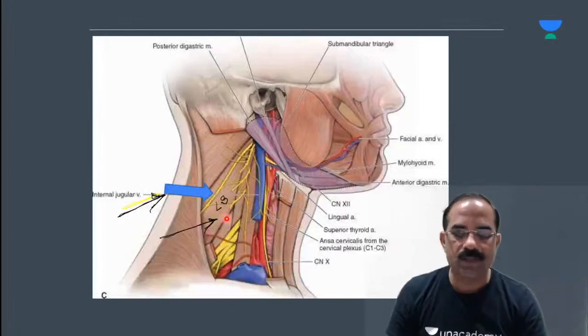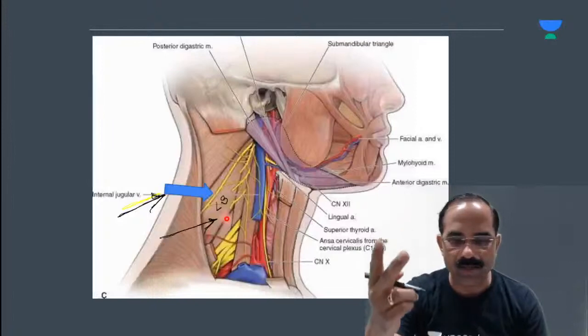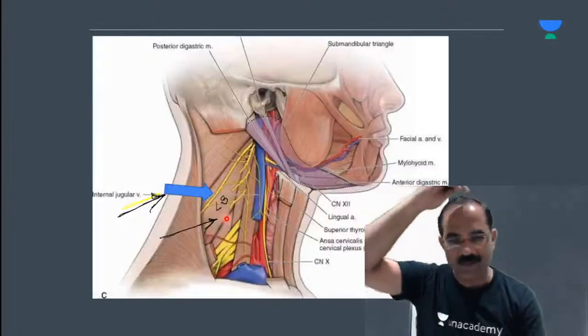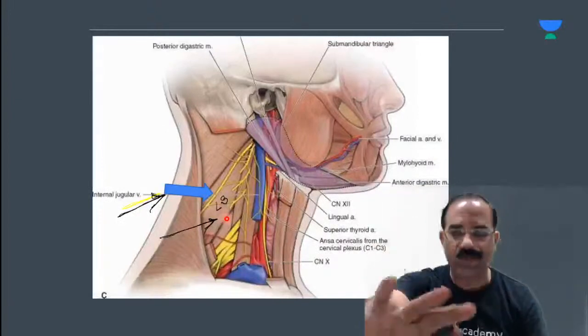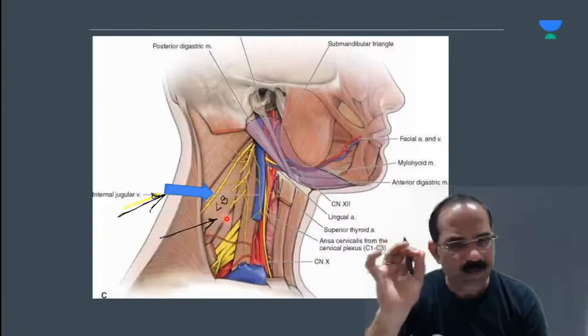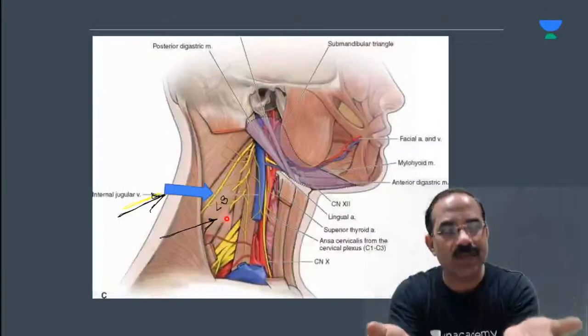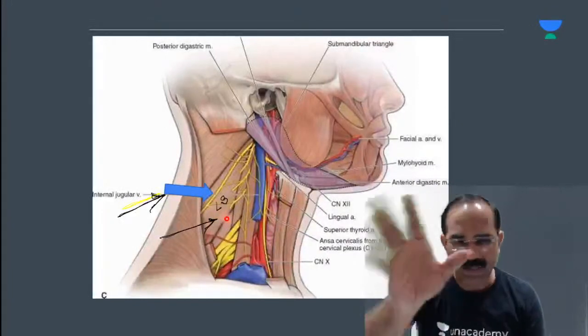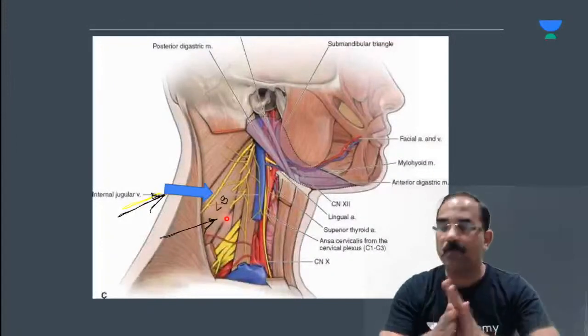So trapezius is paralyzed. What will the person complain of? One, difficulty in shrugging of shoulders. Second, difficulty in overhead abduction. And third, winging of scapula at rest. Is there something like winging of scapula on attempting a movement?